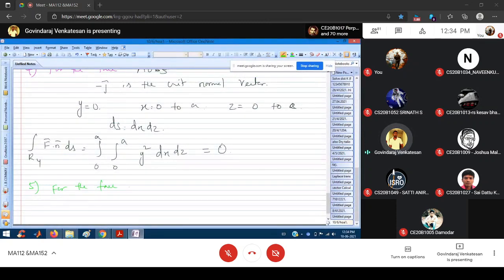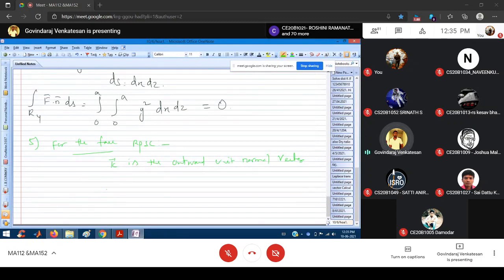So for the face RPSC, k is the outward unit normal vector. The value of z is a, x is varying from 0 to a, y is also varying from 0 to a, therefore my ds is nothing but dx into dy.